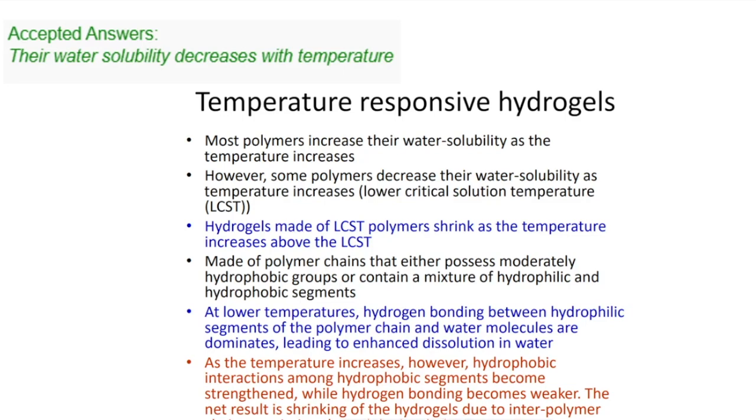Above the LCST, the hydrophobic interactions become more dominant as opposed to the hydrophilic interactions below it, and the hydrogen bonding becomes weaker. So the net result is shrinking of the hydrogels due to interpolymer chain association through hydrophobic interactions.